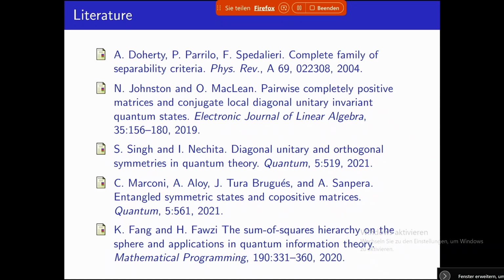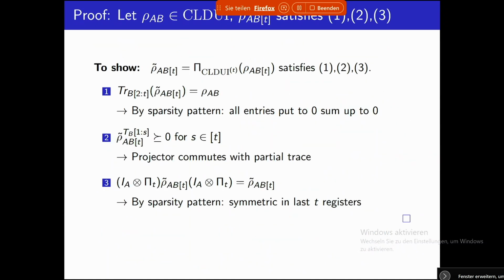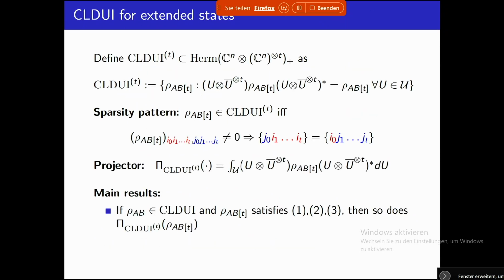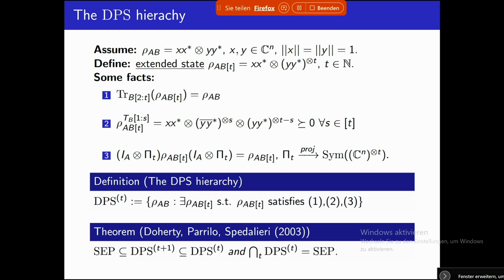Thanks. Can you go back to the definition of the DPS? Yes. In particular, the extended state: the way you write it down, it seems to be pure and separable already. Yes.